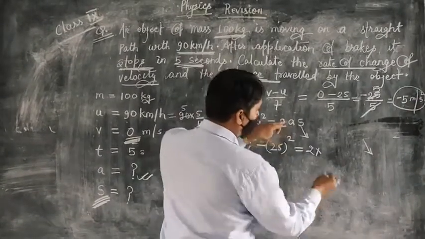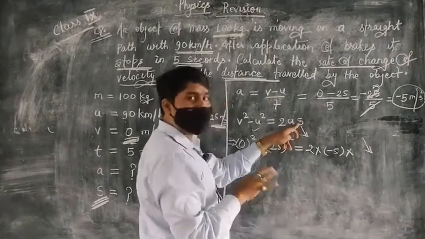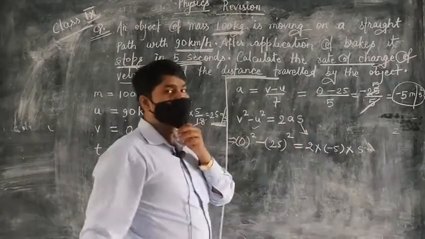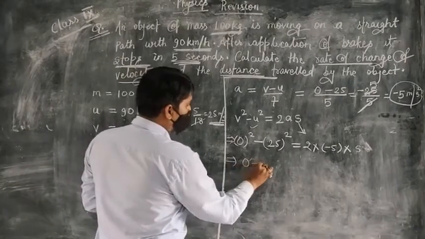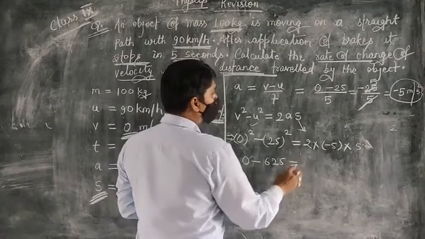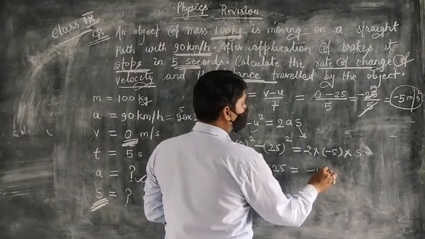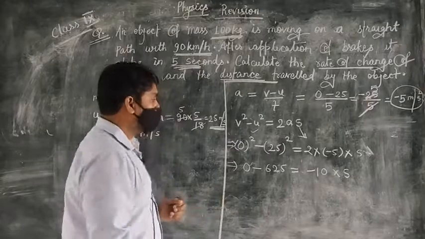So in place of a we write minus 5, into s, which is to be calculated. So we leave s as it is. Now this 0 square is 0, 25 whole square is 625, is equal to 2 into minus 5, that is minus 10, into s.